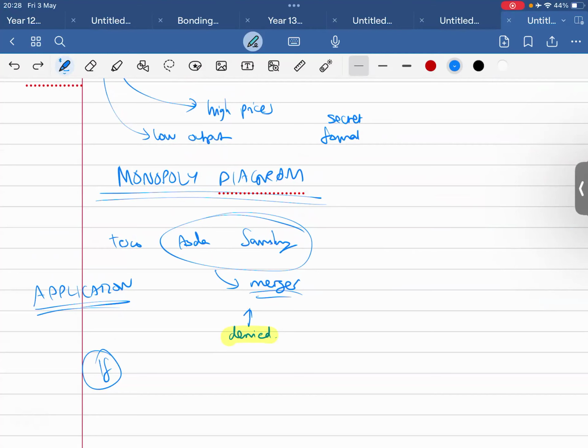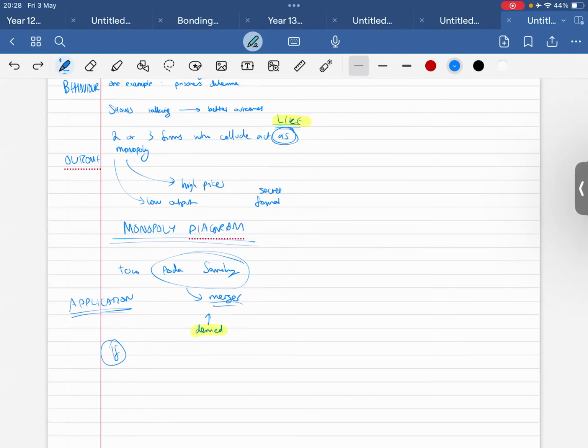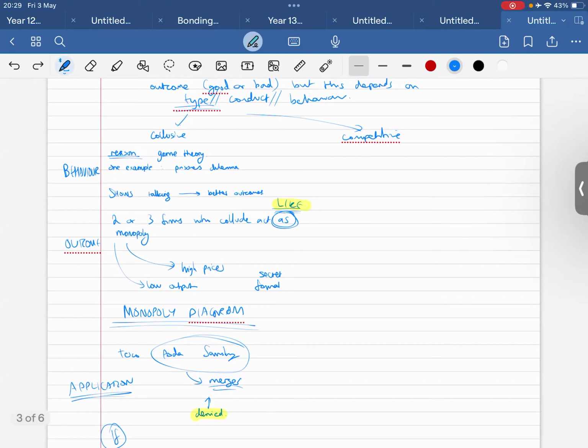So context is very important. If it's about OPEC or something, then you could just jump straight to it and just say these firms collude, they set prices high and output low, and they act like a monopoly. But if it's about something random, it's very less likely that they would collude. So you have to explain the reasoning why you're saying this, or stick to competitive oligopoly arguments.